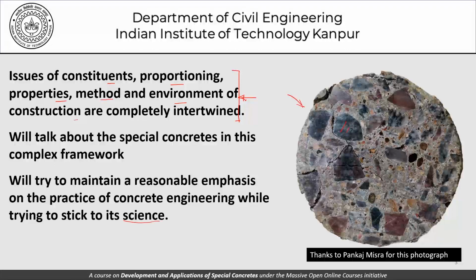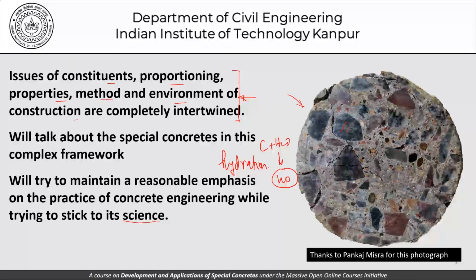Now, what is science and what is engineering? Science is basically a study of whatever is. See, for example, hydration. Hydration is nothing but the reaction of cement with water to give you hydration products. This is a science.